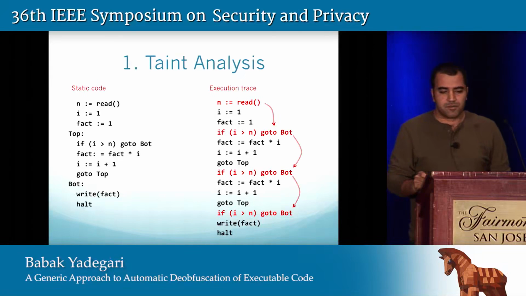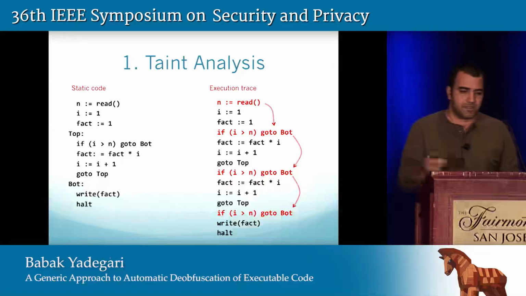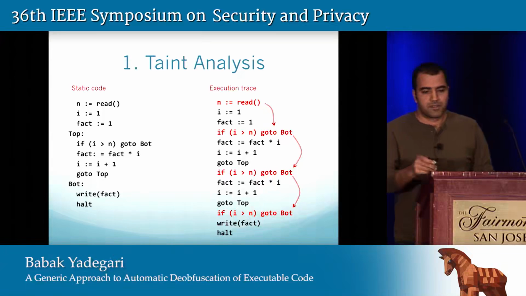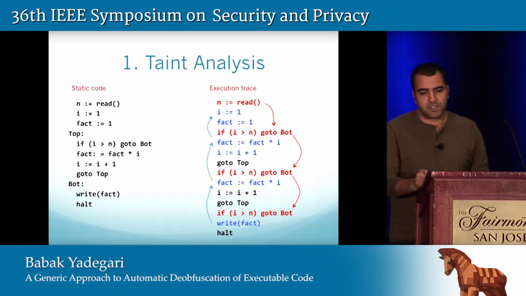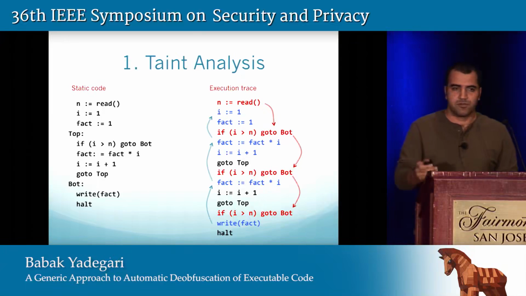The first step is finding inputs and outputs of the program. Here, the read is an input to the program. We first identify this and propagate taint forward from this input. This identifies the 3 if statements in the program as being forward tainted. Then we do a backward taint on outputs of the program.